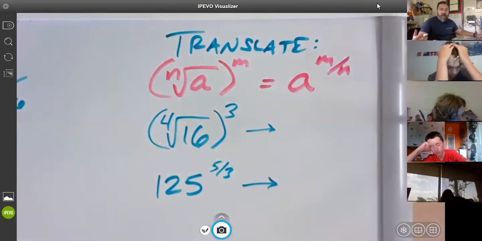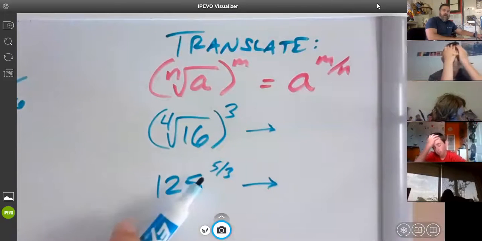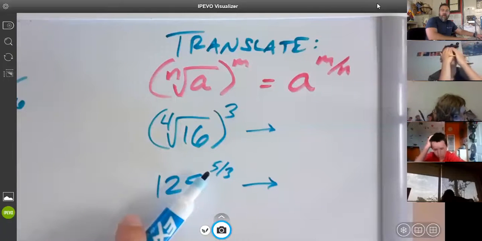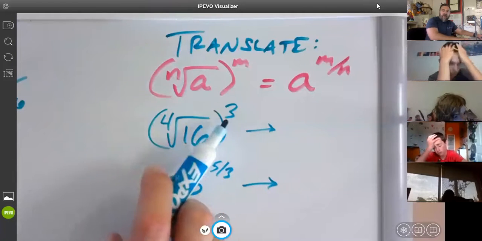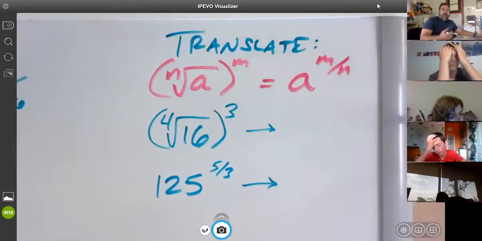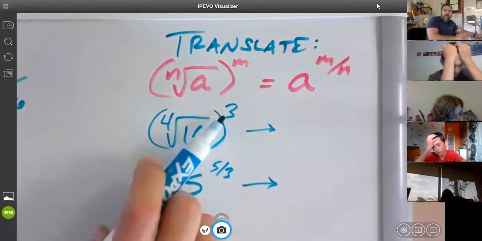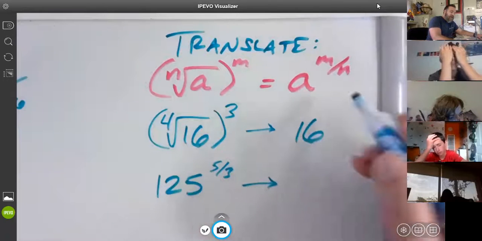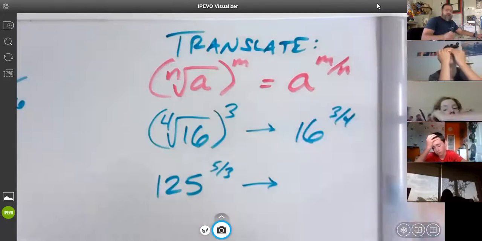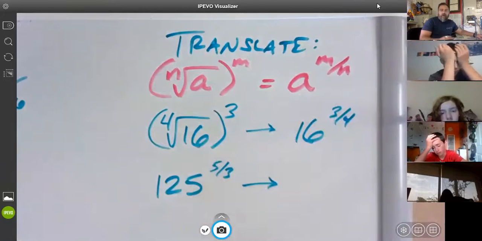Just like we did before, except now I have the added twist of a numerator that's not 1, or in this case, I have it raised to another exponent. And so the simple thing here is that there's my denominator, there's my numerator, so that 16 is raised to the 3/4 power. Just basically identifying what object goes where.